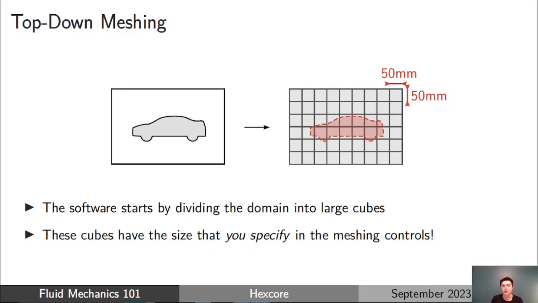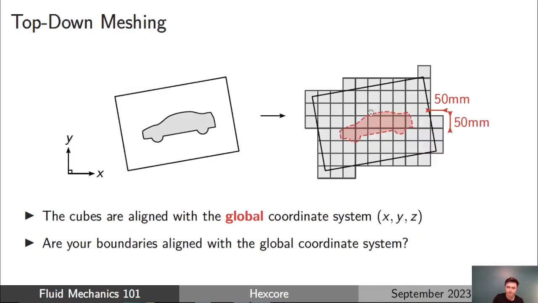And the Hexcore approach is top down, so it starts by dividing the entire thing into cubes of the size that you specify. So as part of the controls for your Hexcore mesh, as well as specifying the number of buffer layers, you'll often have to specify a global mesh size, and this is where that size is coming in. It's going to set the size of your largest cubes.